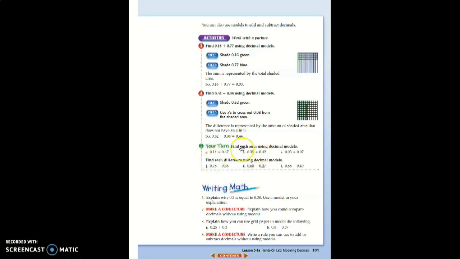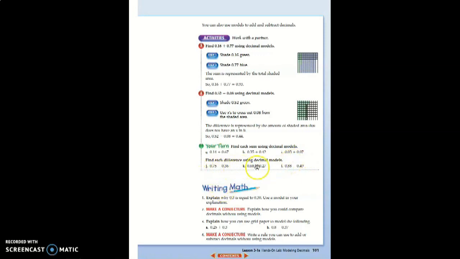Your turn. Find each sum using decimal models. G, 0.14 plus 0.67. H, 0.35 plus 0.42. I, 0.03 plus 0.07.